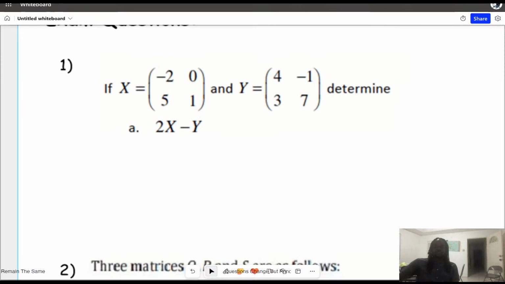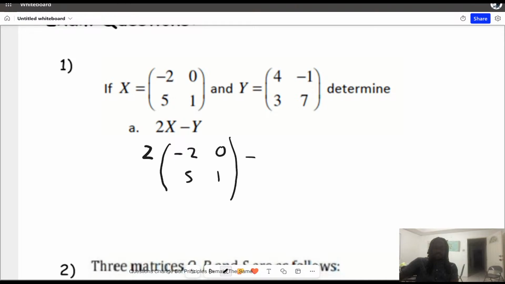Nice. So let's go. So 2x minus y. And everything remains the same. 2x simply means 2 multiplied by whatever x is. 0, 5, 1 minus y. What's y? 4, negative 1, 3, 7.